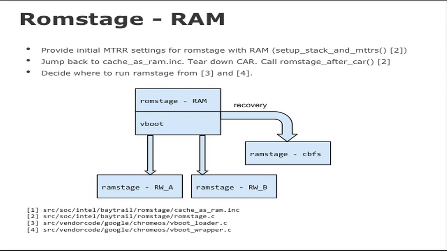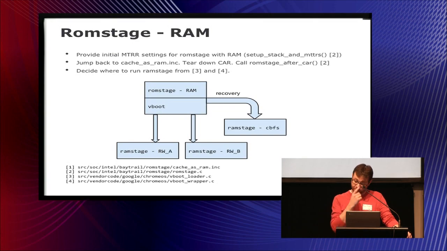And so in order to meet those goals, we have to do vboot and ROM stage. So we essentially drop down out of cache's RAM, tear it down, and then we call back into ROM stage code again, which is execute in place, but we actually have RAM to work with, and we have a stack that we can use. And when I was discussing the cache's RAM globals and how that works, when we come back out, the ROM stage is still linked thinking that it has a data area in some portion of the physical address space.